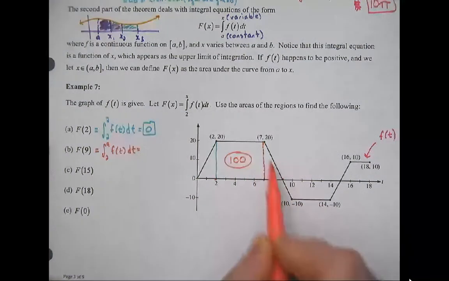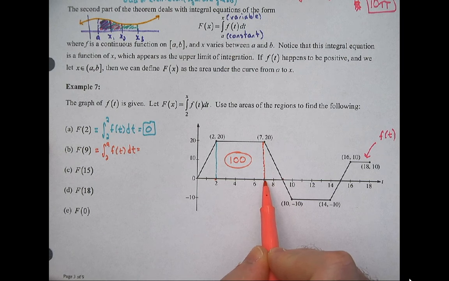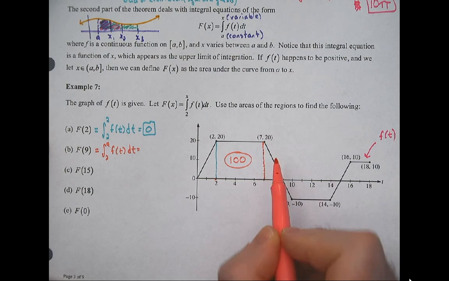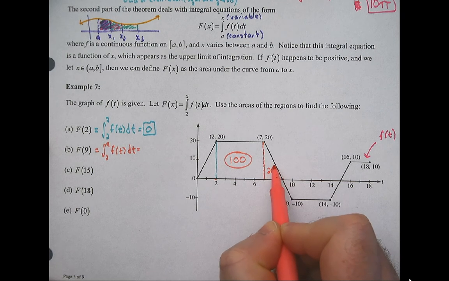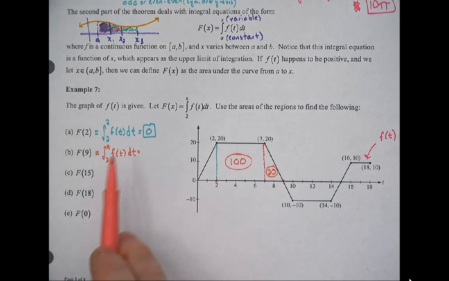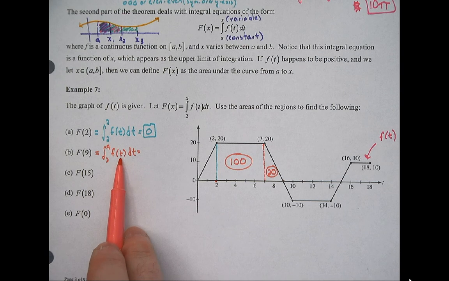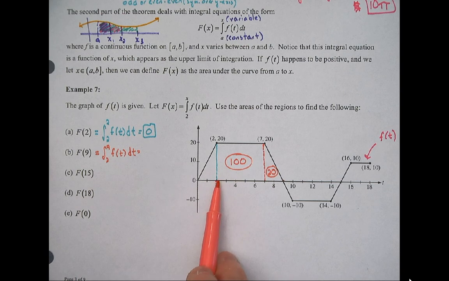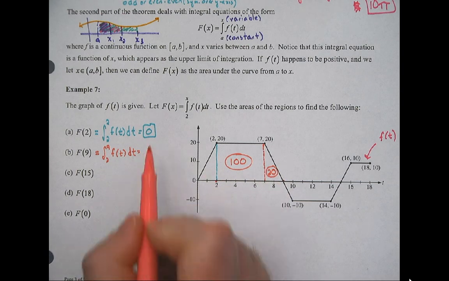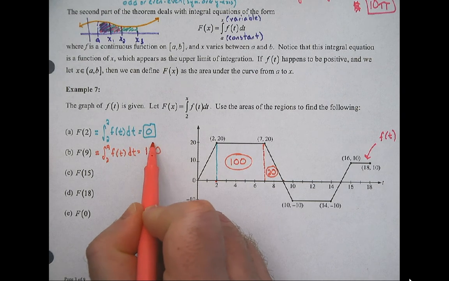Okay, this is a triangle, 1/2 base. So the base is 2, so 1/2 of 2 is 1 times a height of 20. So this has an area of 20. So then what would be my calculation over here? If I wanted to figure out the area under the curve from 2 to 9, that would end up being, putting those together, 120.